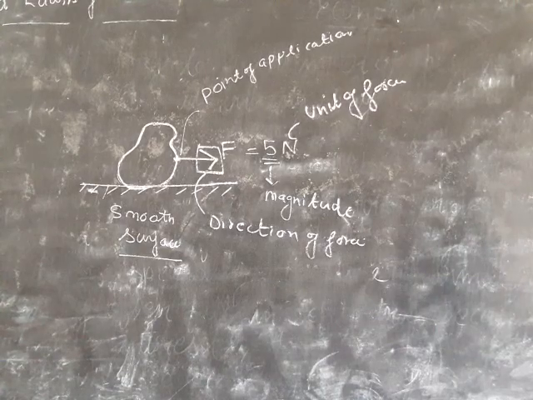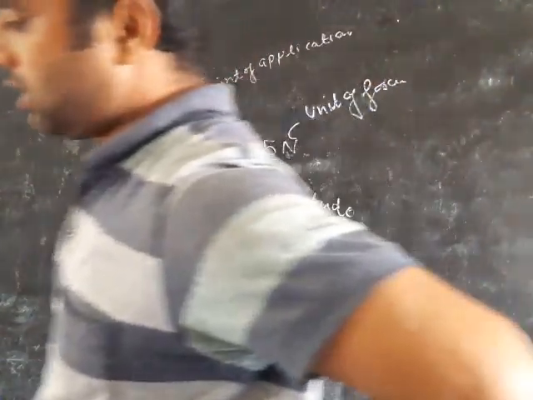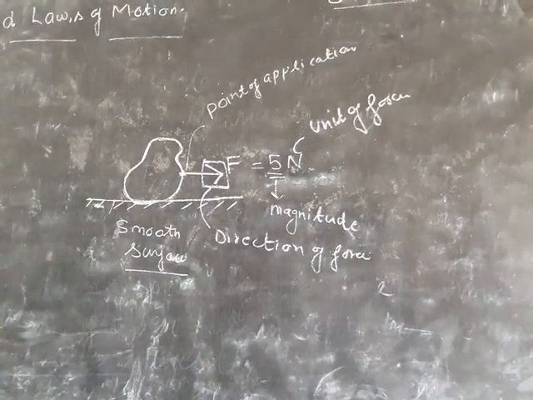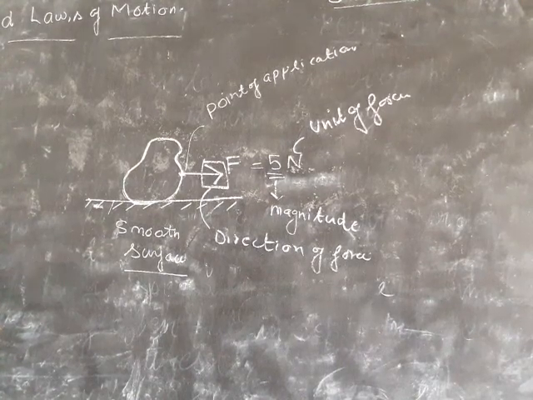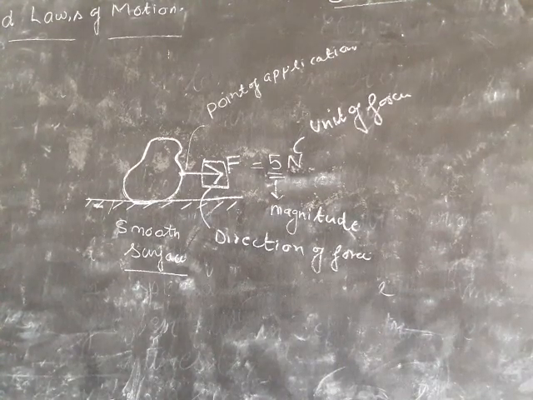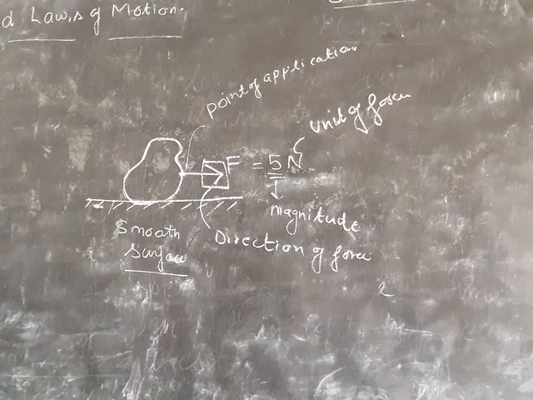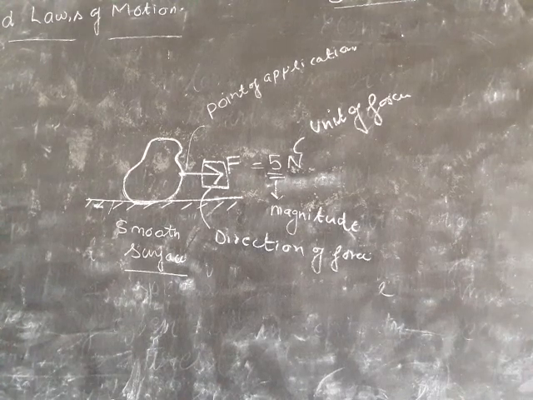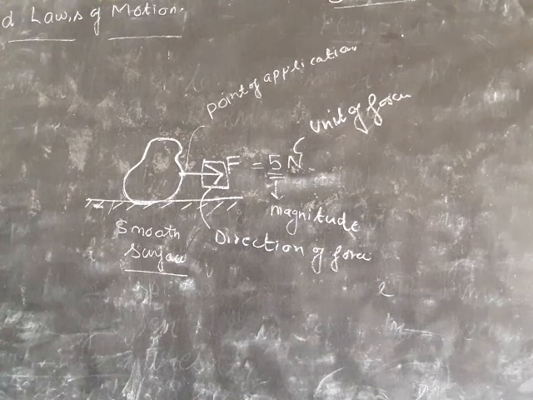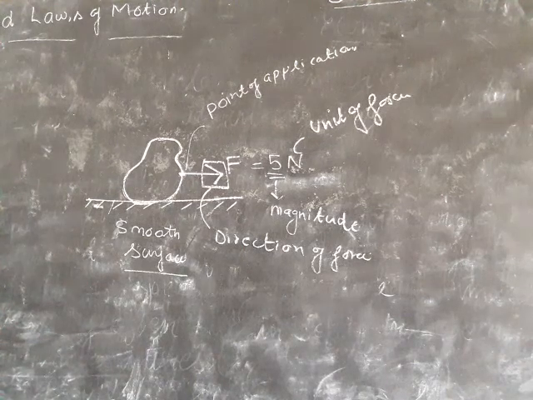Why are rough surfaces not included in the systems?